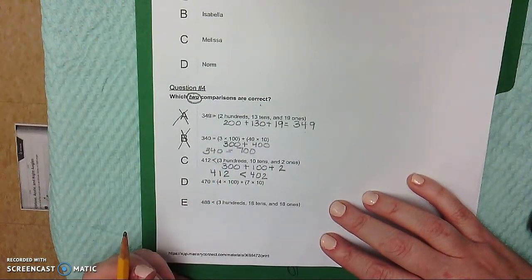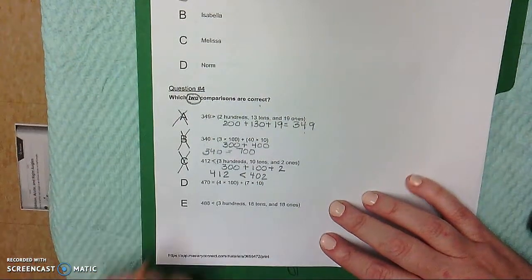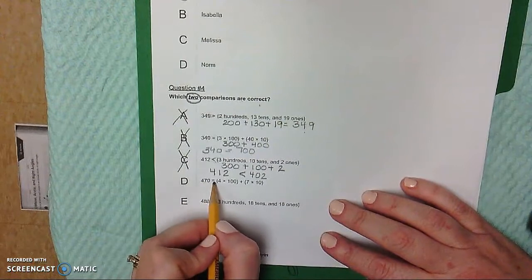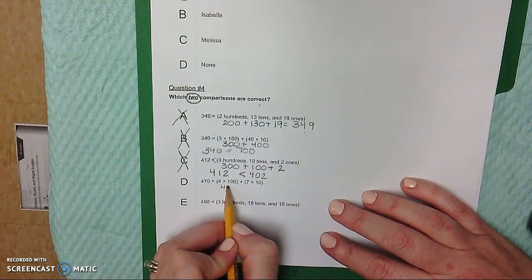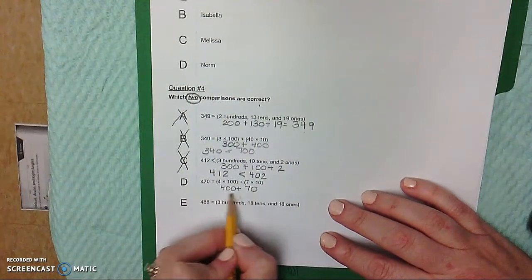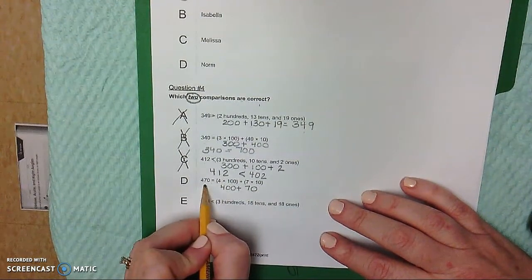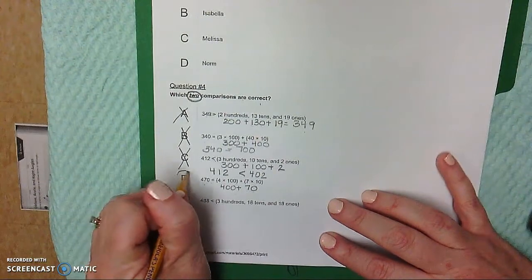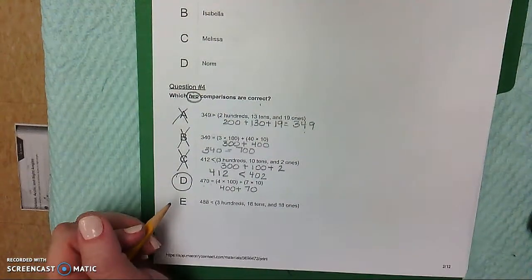Is that true? No. Let's go to D. 470 is equal to whatever this equals. So let's see. 4 times 100 is 400. Plus 7 times 10 is 70. And 400 plus 70 is 470. And is that equal to 470? Yes.